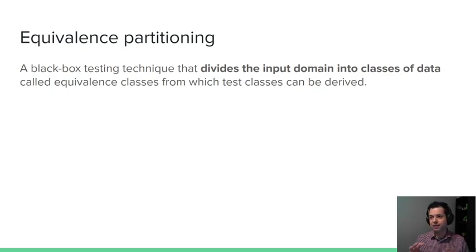Basically, we are trying to zone in on a class of data where we know that if we put something from this range in, we will get a certain output. Now, it's not always going to be the same answer, right? If you're testing your addition function, you know that the range of all positive integers will probably add correctly, right? So you don't have to test 1 plus 2, 1 plus 3, 1 plus 4. You can just test 5 plus 10, and that might be an example out of that equivalence set.